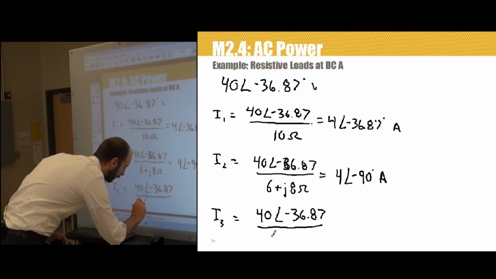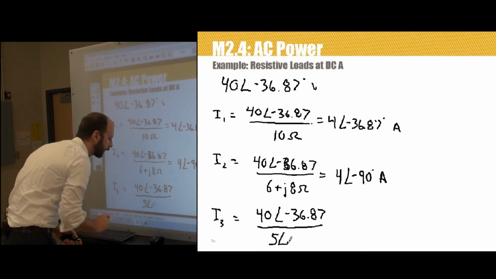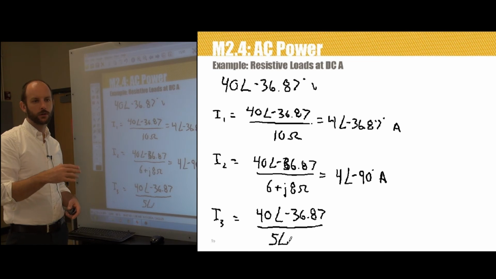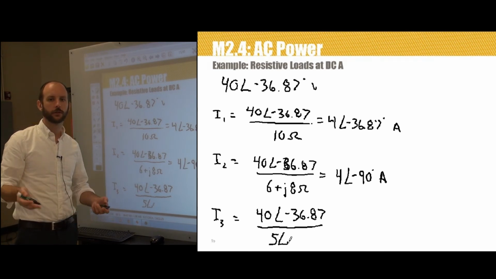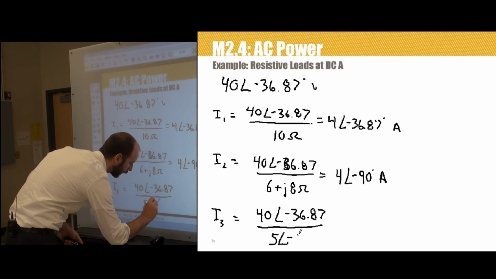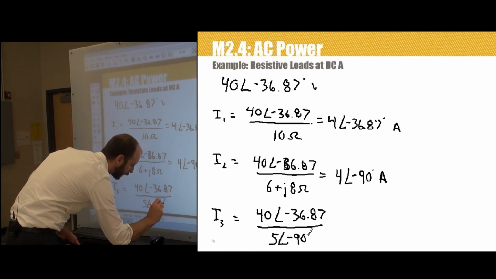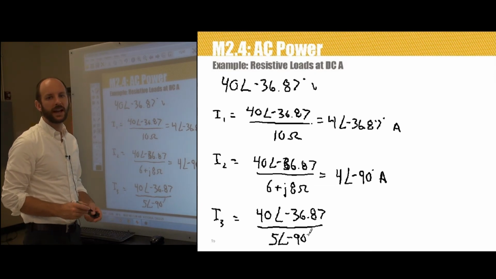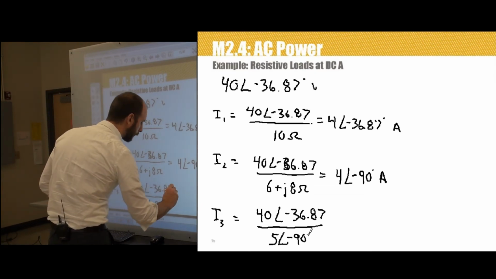Another technique that I'll just expose you to in case you ever see it: remember that J causes 90 degrees of rotation, minus J therefore causes negative 90 degrees of rotation. So we could just write this as 5 angle negative 90 degrees. That's a capacitor. And you get 8 at an angle of 53.13 degrees.